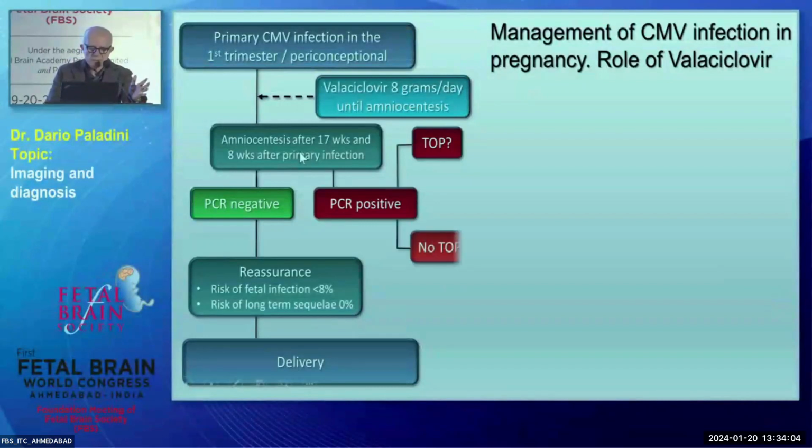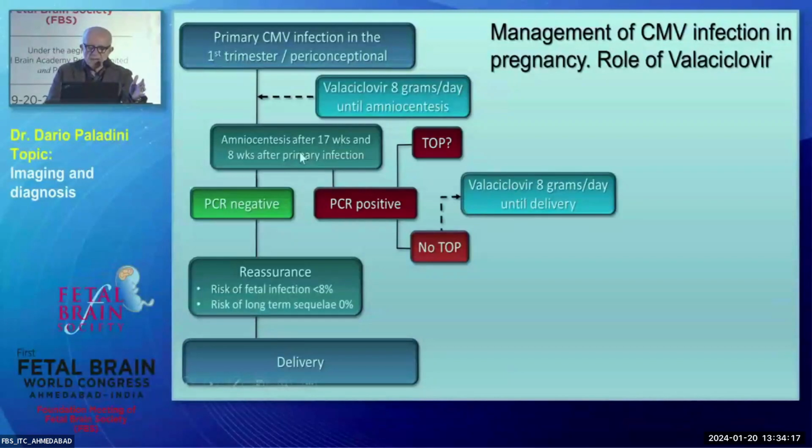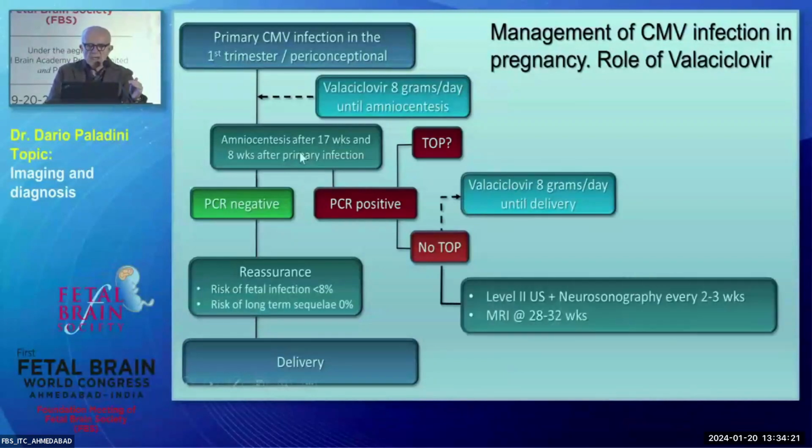But in most of the countries nowadays, with valacyclovir available, you will not do a termination of pregnancy unless you have major evidence of a major neurological cerebral lesion, and you keep on with the valacyclovir to the mother. Continue that, and the amount of babies that will have major sequelae will be very, very small.